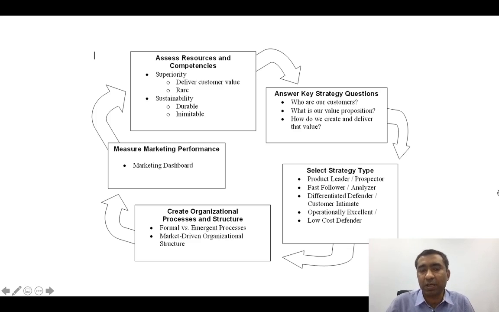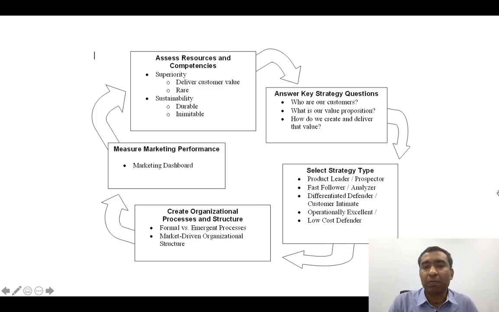First, we start by assessing our own resources and competencies, and then we go to the key strategic questions about our customers and the value we are going to propose to them. That is the second key question. And third, we will select a strategy: what type of strategy is suitable for our organization and how we can use it for marketing of high-tech products.